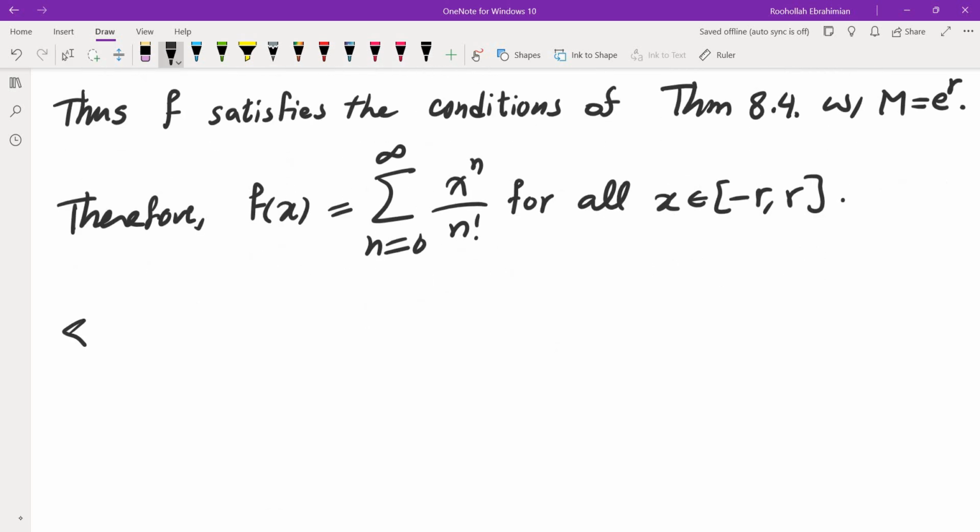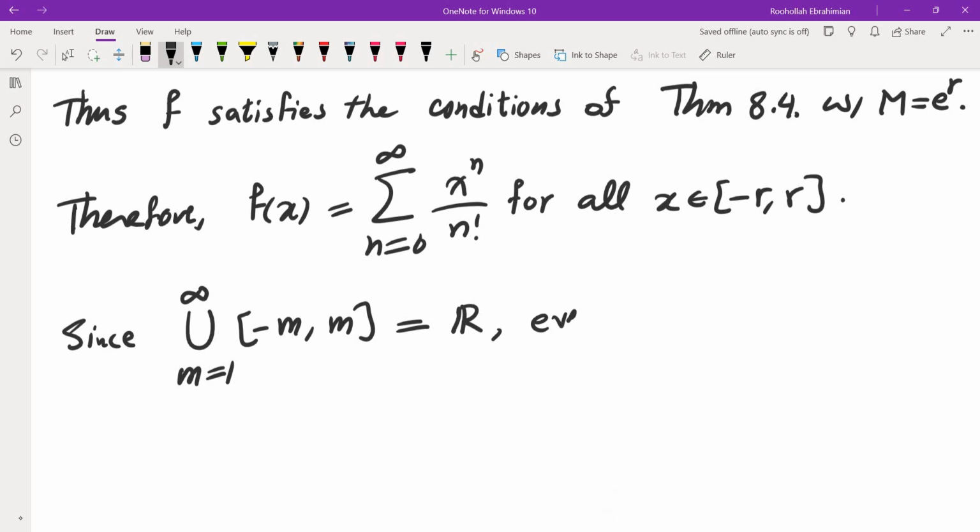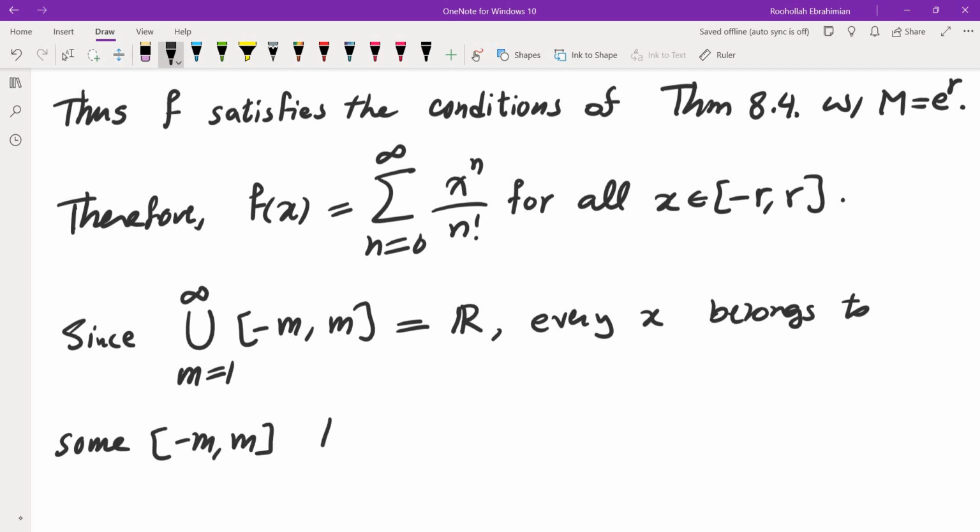So since the union of negative m to m, from m equals 1 to infinity, gives you the entire real line, every x belongs to some negative m to m. Thus, e to the x is equal to the sum x to the n over n factorial, n equals 0 to infinity.